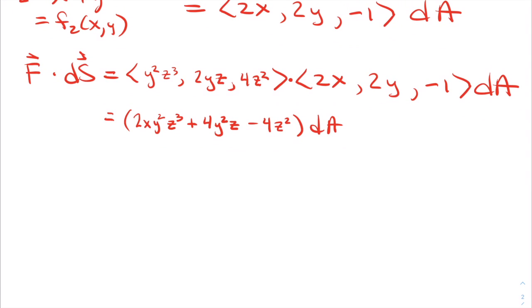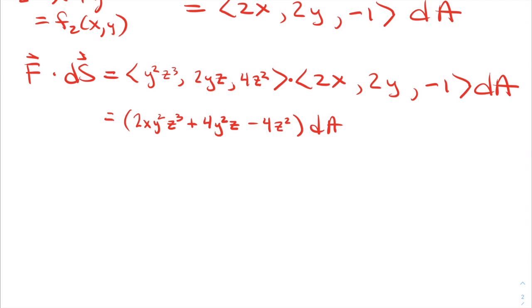Okay. At some point we're going to have to recognize that z is x squared plus y squared. It might be good at some point to just start substituting, or to decide what coordinate system we're going to integrate over. This is going to be over that same circle.